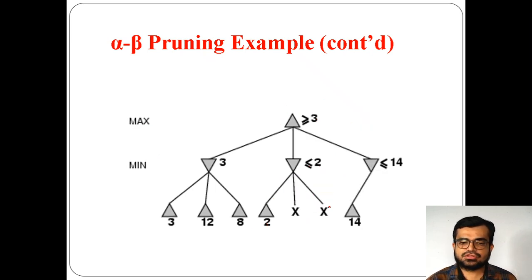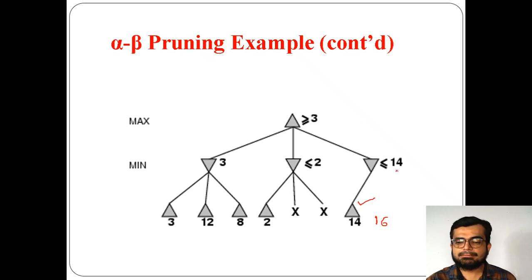Okay. So now for the next side, if I am taking 14 here, 14 means less than or equal to 14. We have to take the minimum value, right? For example, if here it is 16, let us assume I am taking 16, what will be the minimum value? 14 only.